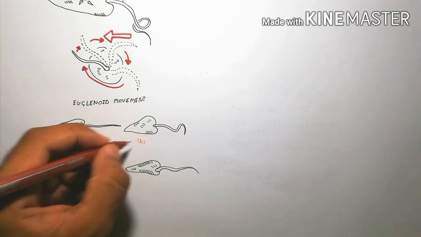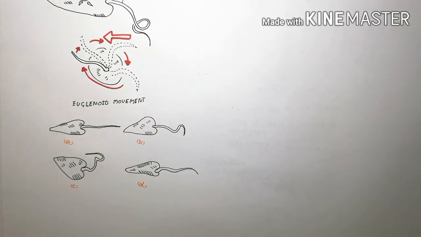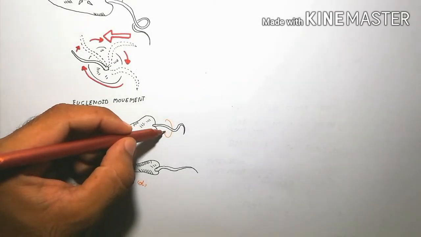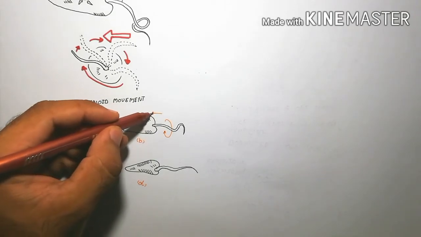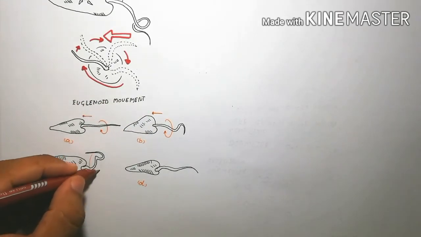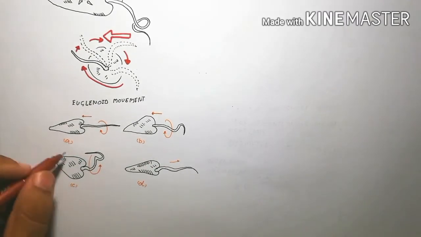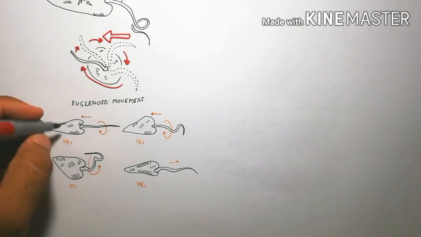First there are diagrams A and B, and C and D. In the first, the flagella is straight. The straight flagella moves rotationally, contracts and moves backward. That is the resultant movement.